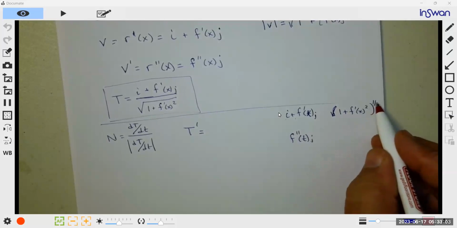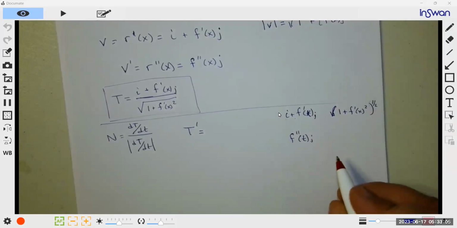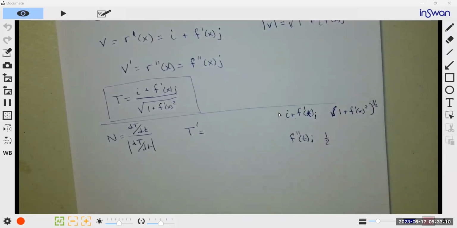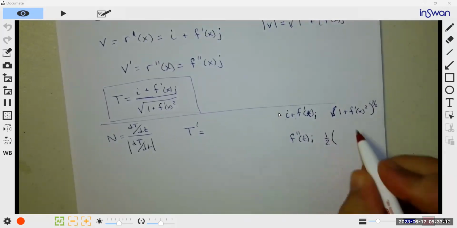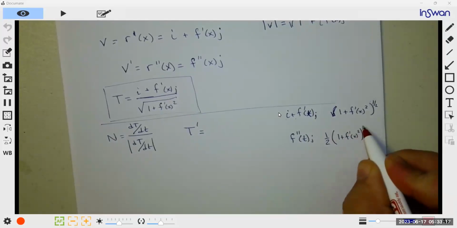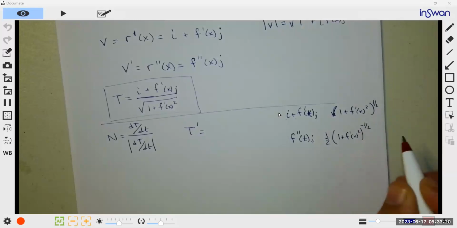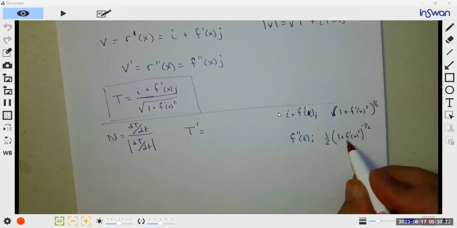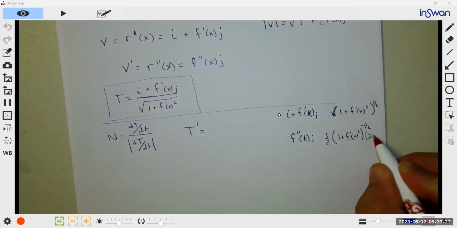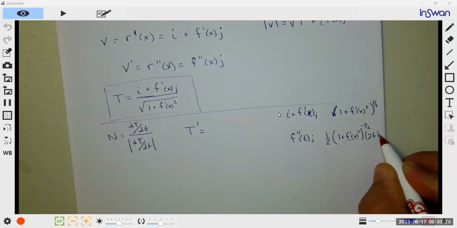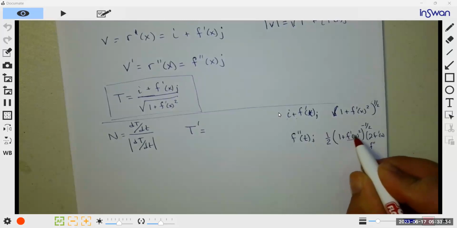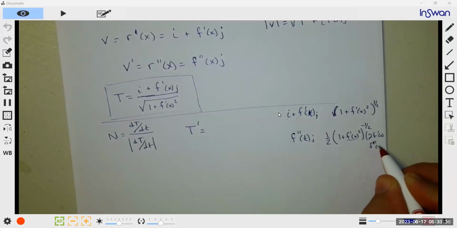Now the derivative of the denominator. The 1/2 goes in front, 1 plus f prime of x squared, subtract 1, now times the derivative of the inside. The derivative of 1 is 0, so the derivative of that one is 2 f prime of x times f double prime of x.